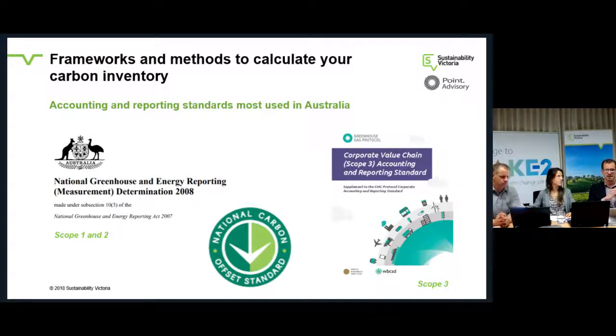So I won't delve into that at the moment, but basically the NGER scheme, which I just mentioned, only covers scope 1 and 2 emissions, which, to oversimplify, is basically the direct emissions associated with your activities as an organisation, and also the emissions associated with the electricity that you consume. But then there are also these things called scope 3 emissions, which are indirect emissions.